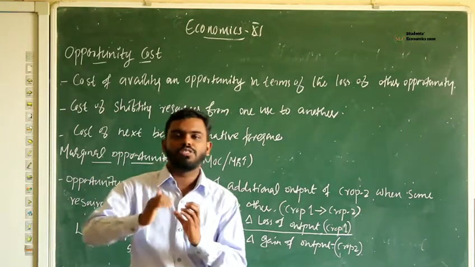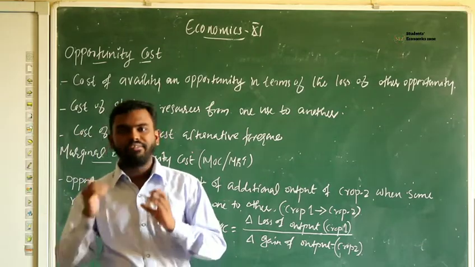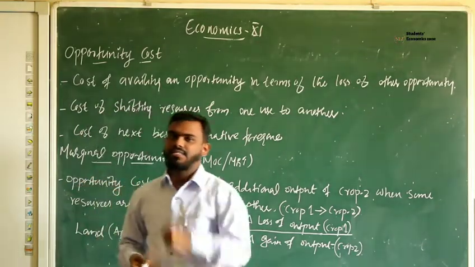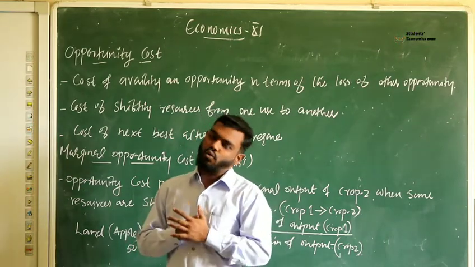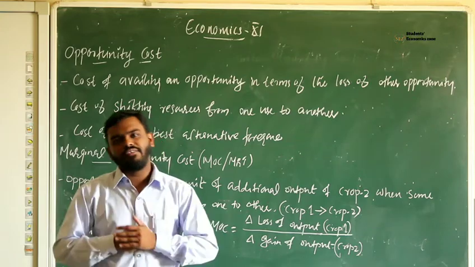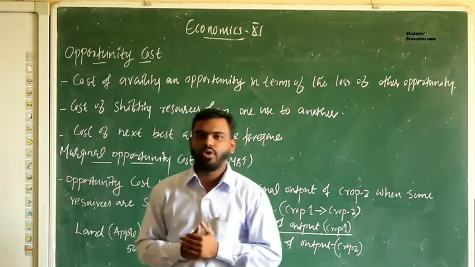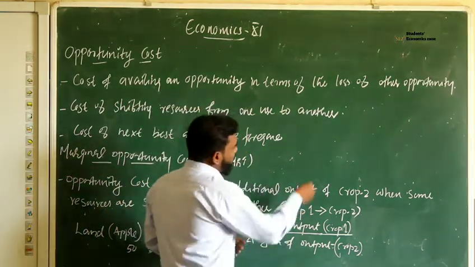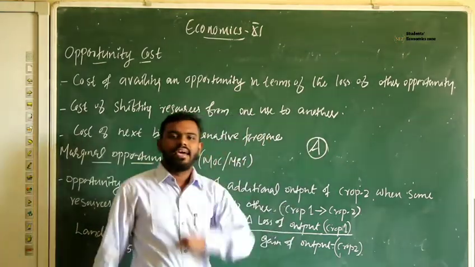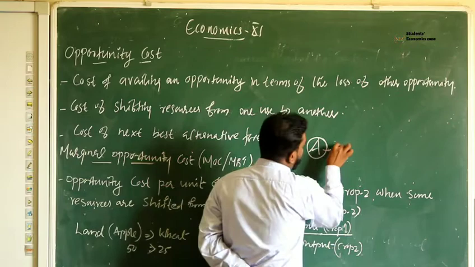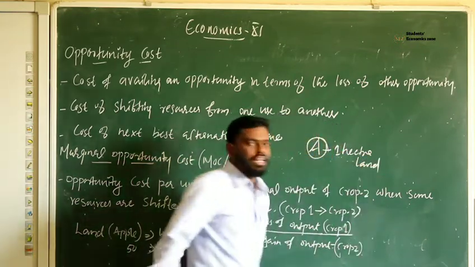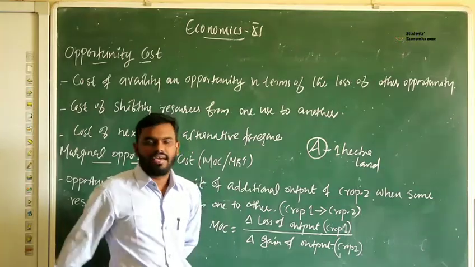Normally the shape of the production possibility curve is concave to the origin, and today we are going to discuss what is opportunity cost. We can explain this opportunity cost with the help of an example. Suppose individual A has 1 hectare of land.